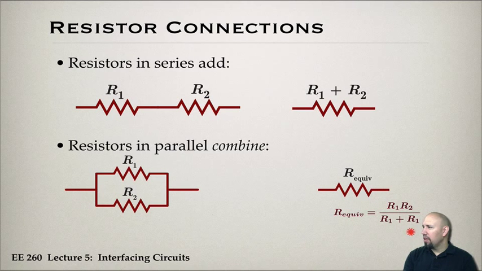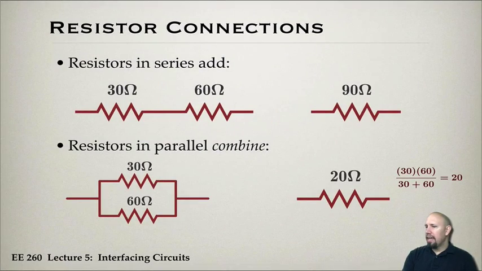It looks kind of complicated, but the equivalent resistance, so that's what this stands for, means I can treat this parallel connection of resistors as if it were a single resistor, and this is the resistance value. It's related to the resistance values of the two, but it's related this way. So resistors in series add, resistors in parallel combine, and they follow that funky formula.